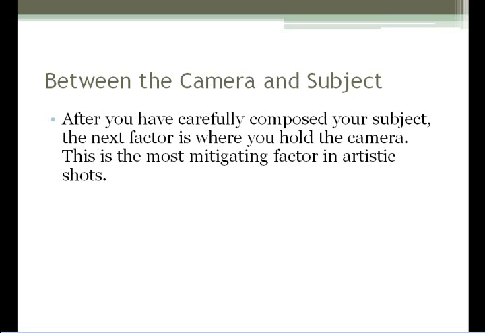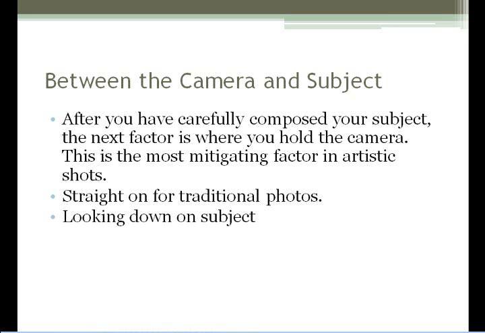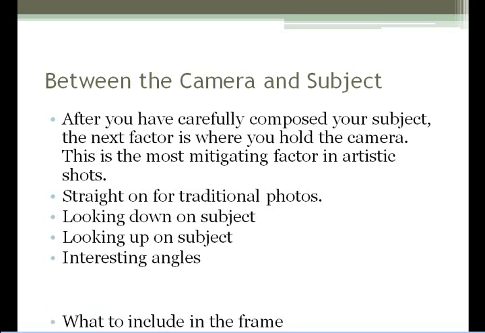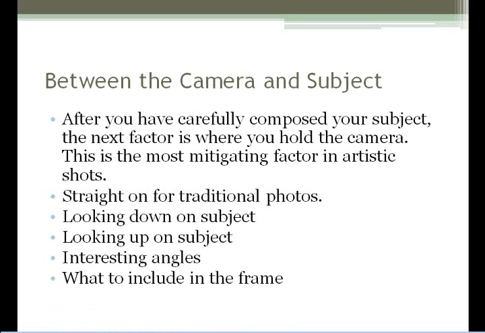This is the most mitigating factor in artistic shots. Move that camera. Do you want straight on for traditional photos? Do you want to look down on the subject, look up on the subject? Interesting angles? What are you going to include in that frame? And that is what sets photographers apart.